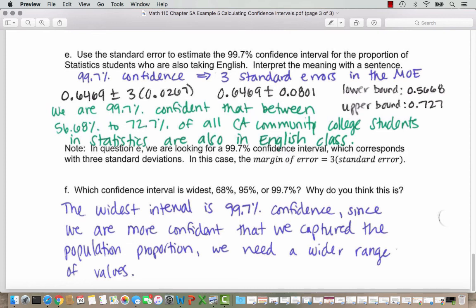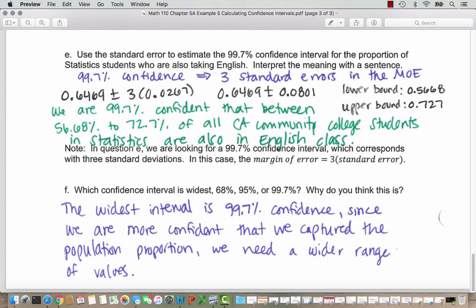Since we are more confident that we captured the population proportion, we need to have a wider range of values. So in the 99.7% confidence interval, we were using 3 standard errors. So our margin of error that we were adding and subtracting was the 0.0801. So we went lower for our lower bound and higher for our upper bound because we had to be more sure that we had the true population proportion.